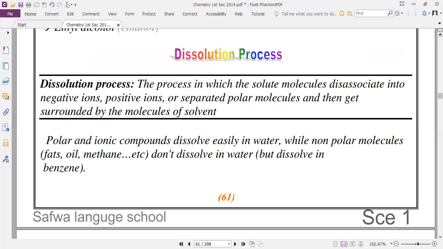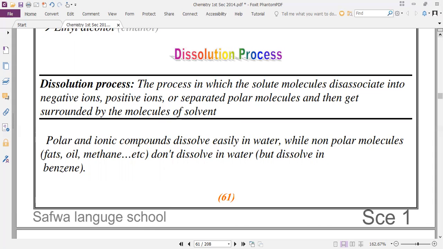Polar and ionic compounds can dissolve easily in water, while non-polar compounds such as fats, oil, and methane don't dissolve in water, but they dissolve in benzene.